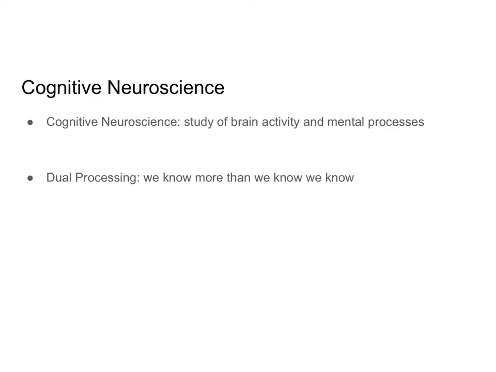Cognitive neuroscience is the study of brain activity and mental process. A lot of this was influenced by the understanding of brain lesions. Brain lesions destroy part of the brain.